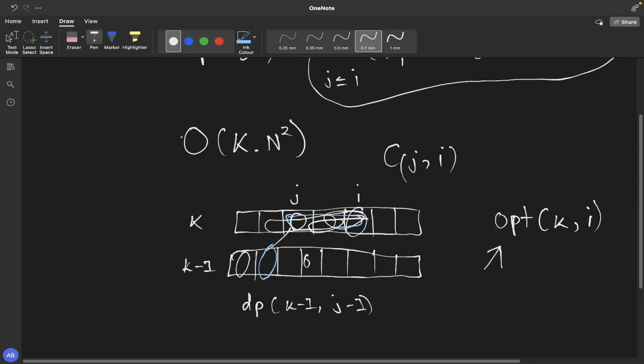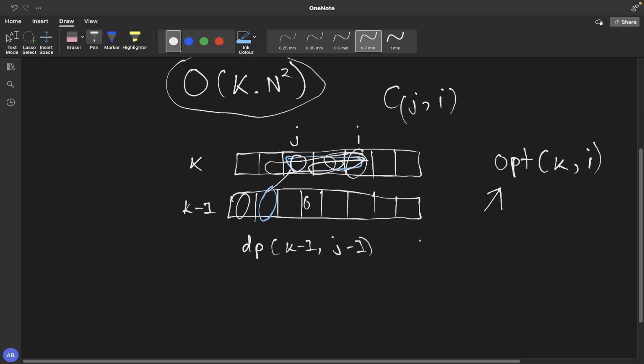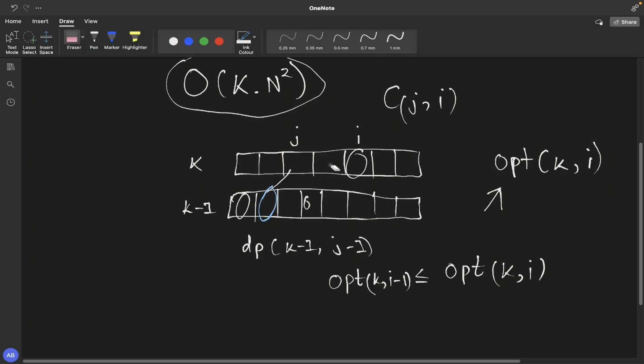So this particular solution, like I said, is O of k times n squared. But what's interesting is, in this particular problem, this value opt k of i is actually greater than or equal to opt of k, i minus 1.